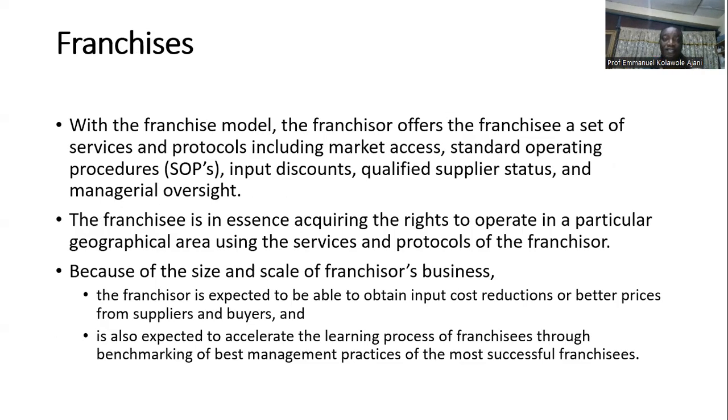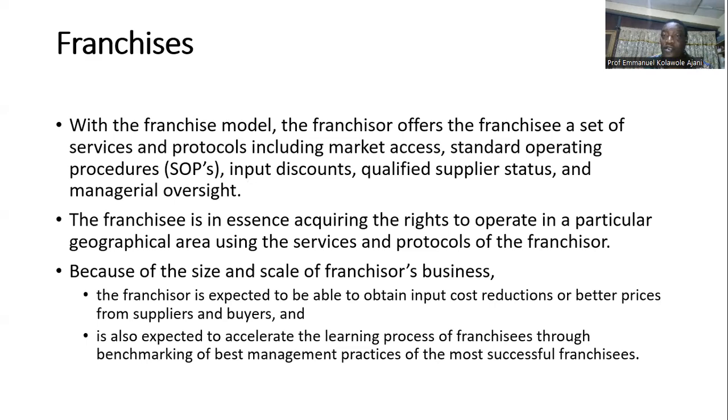Then the franchise, that's another growth model. With the franchise model, the franchiser offers the franchisee a set of services and protocol. The franchiser is the owner of that business, and we give the right to the person that we call the franchisee, and they will be producing the same product under the approval of the mother company.